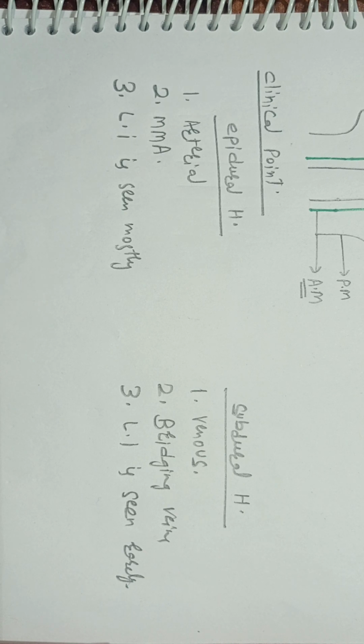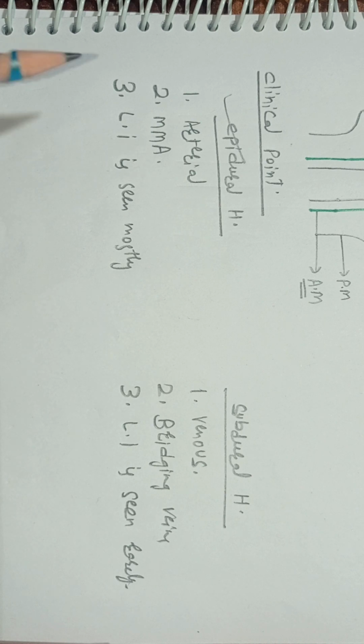The period of time between regaining consciousness after a short period of unconsciousness is called a lucid interval. This is mostly seen in epidural hemorrhage and rarely seen in subdural hemorrhage.